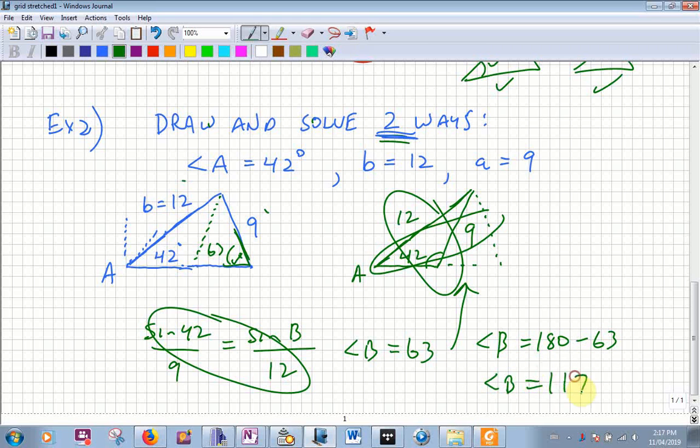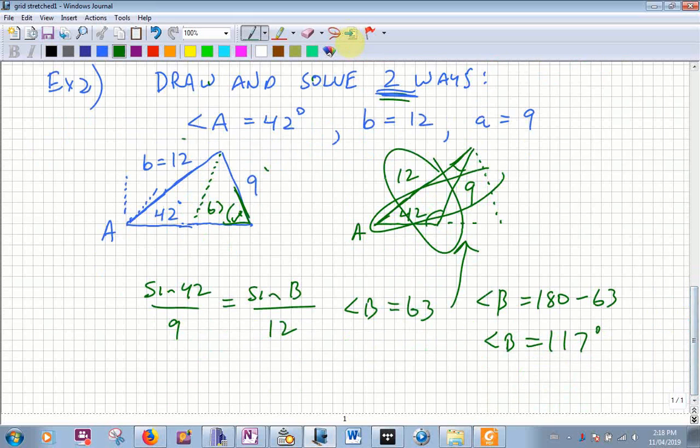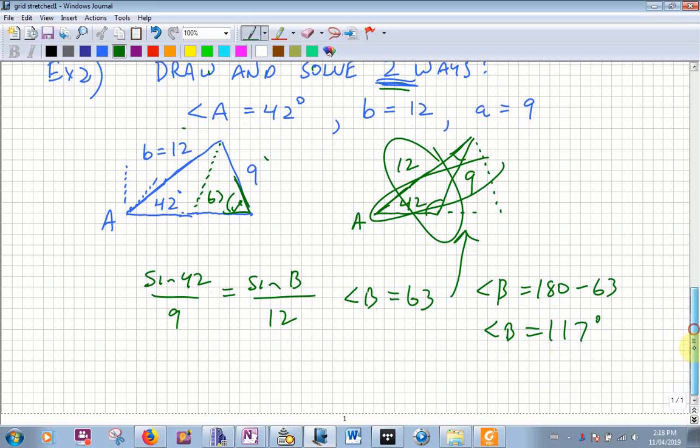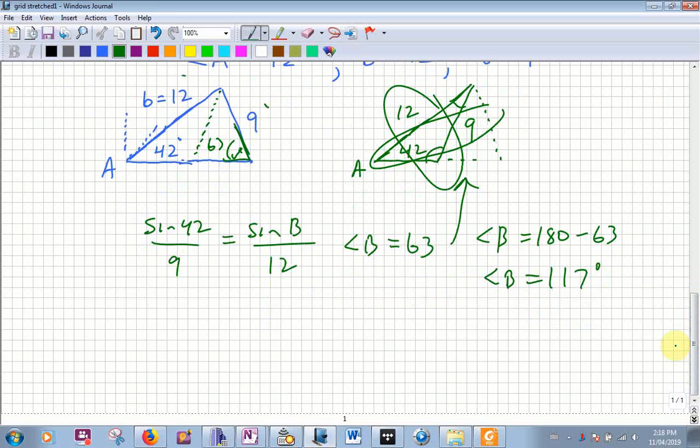Angle B is 117 degrees. Then get the other angle, the other side, however you want it, solved. Okay? That's it. That's ambiguous sine law. There's other ways it can be taught. You can memorize a bunch of stuff. Not a big fan. And that's all the material you got on your test.